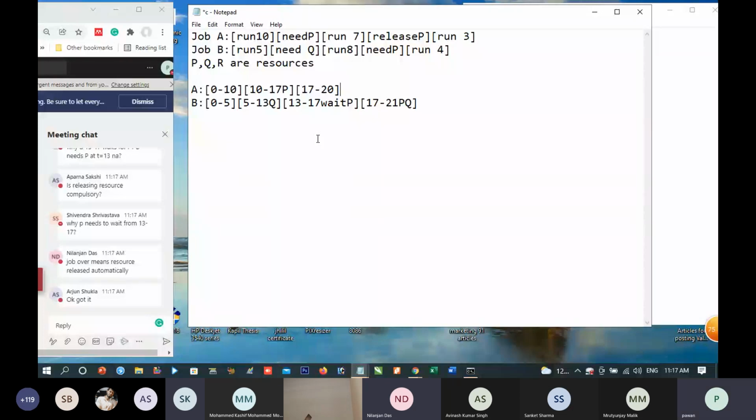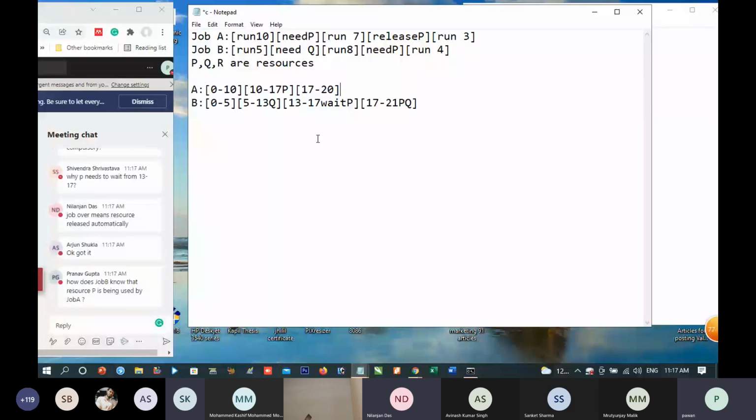Yes, fully correct. Job over means resource released automatically. Is it correct? Yes. Is this correct? What is the problem? What else is your doubt?